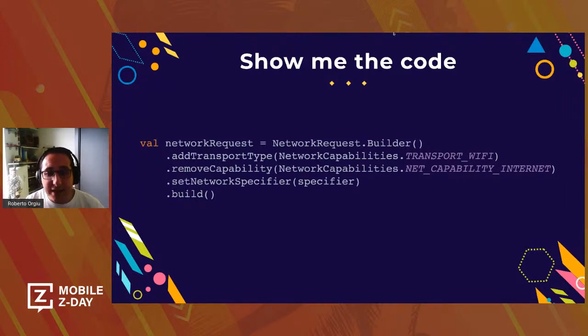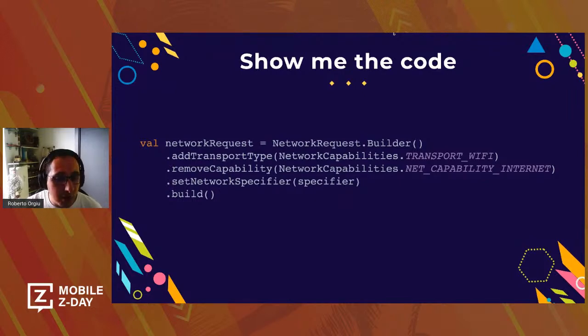For example, I didn't want my network to be connected to the internet because I was working on a network that was basically a point-to-point network. Then we can set the network specifier, which will tell our network request that I was looking for a specific network with a specific name and a specific password, and we can build such a request.